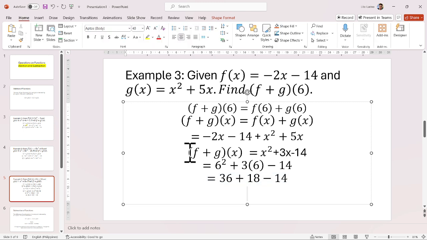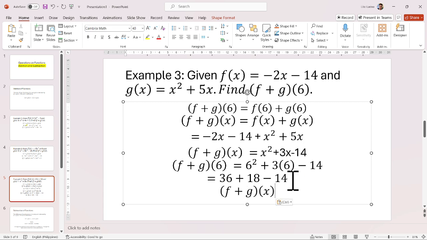Thus, I will now denote this as f plus g of 6 equals 36 plus 18 is 54. Am I right? 54 minus 14 is 40. Thus, f plus g of 6 is 40.